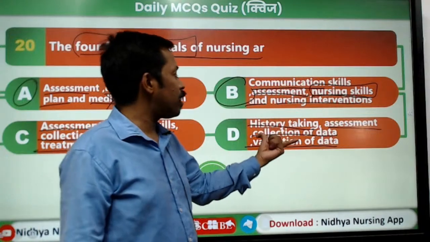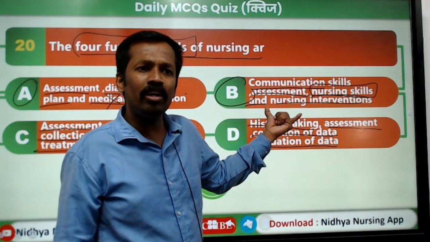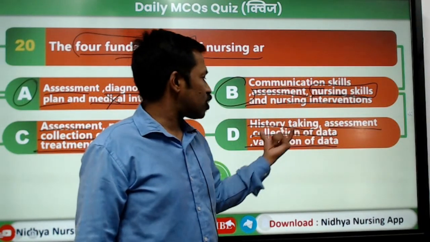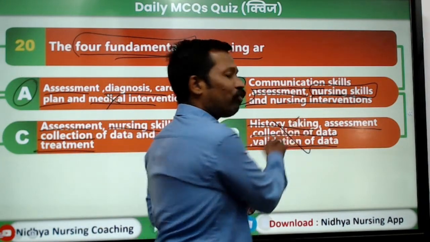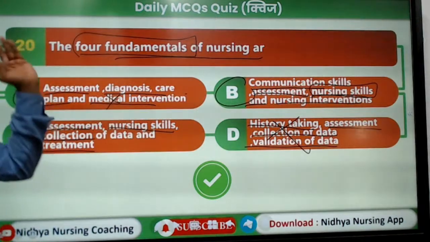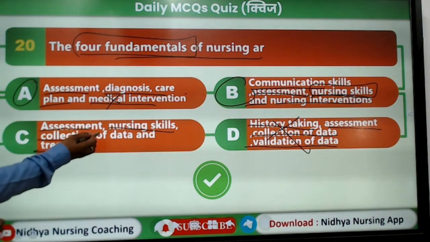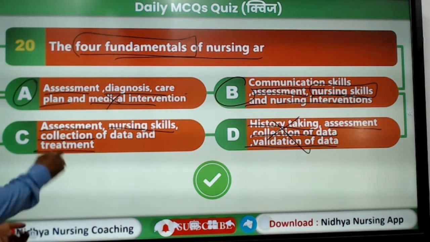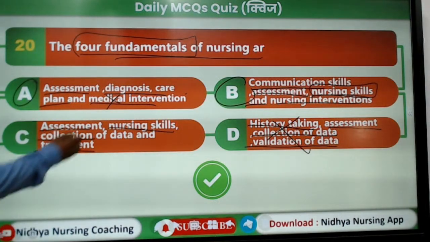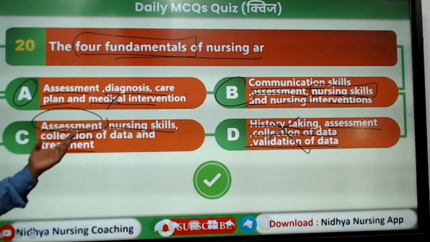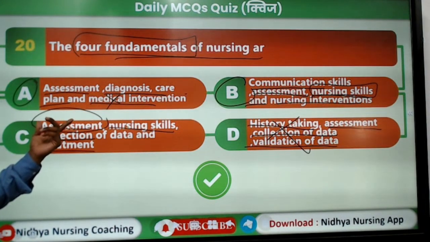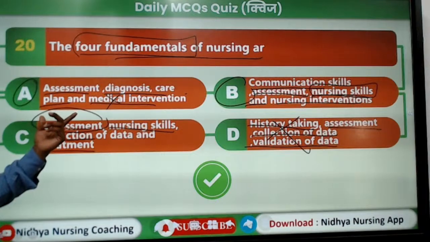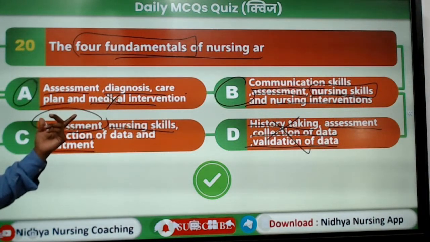History taking is what is called data collection. Assessment, collection of data, validation of data: these are not the four. Everything is related to data collection. Only assessment, nursing skill, collection of data and treatment. Nursing skill, assessment is there. Collection of data comes in the initial assessment.